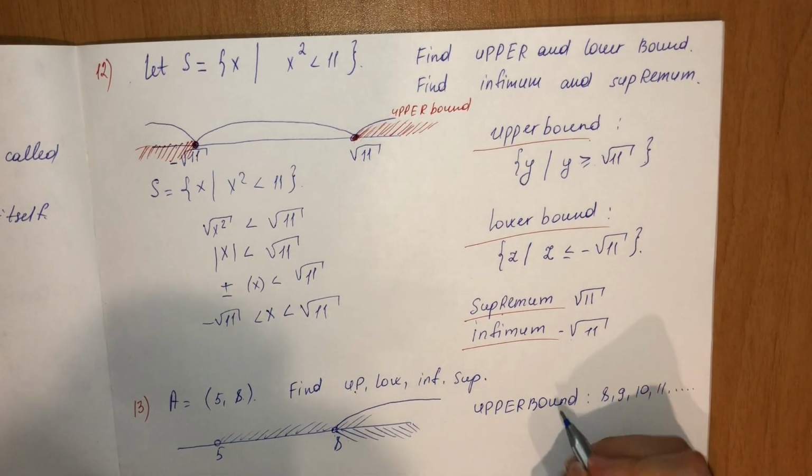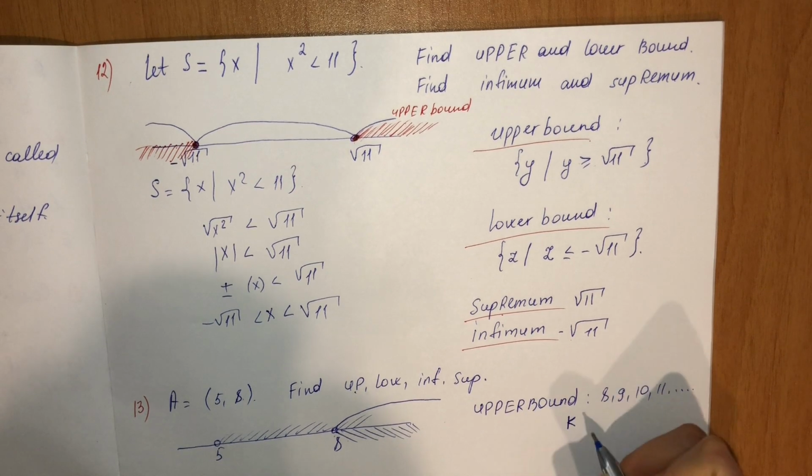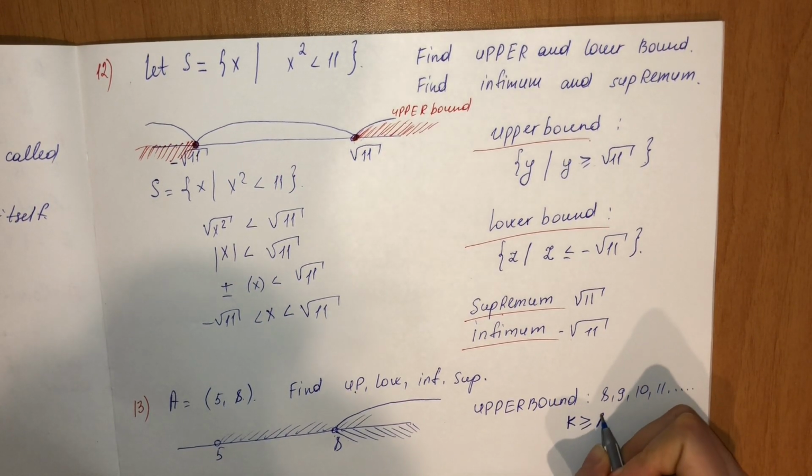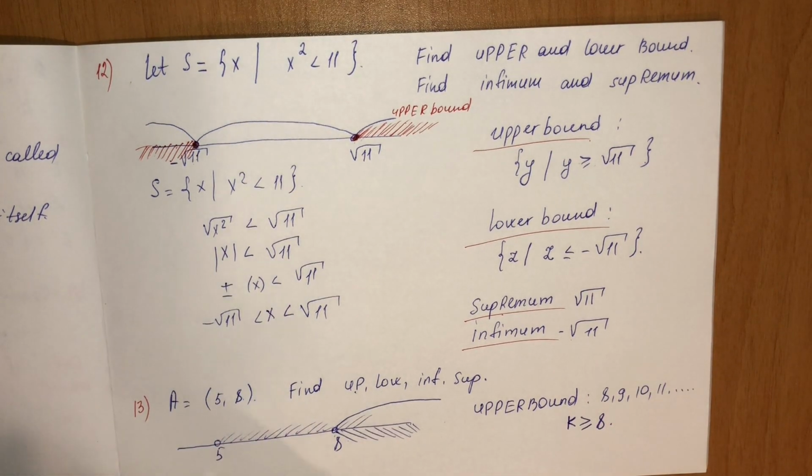So these are the K such that K is greater than or equal to 8. What about the lower bound?